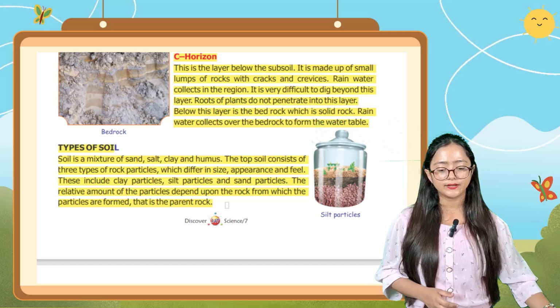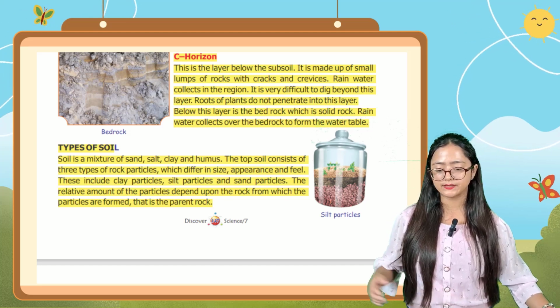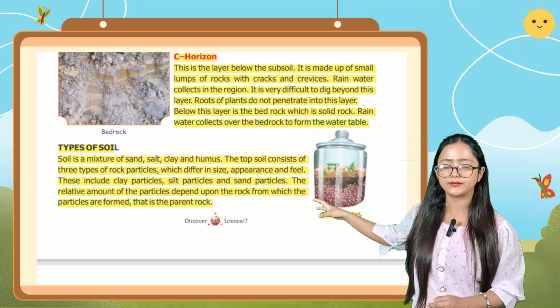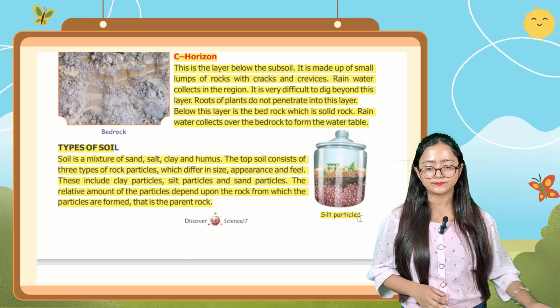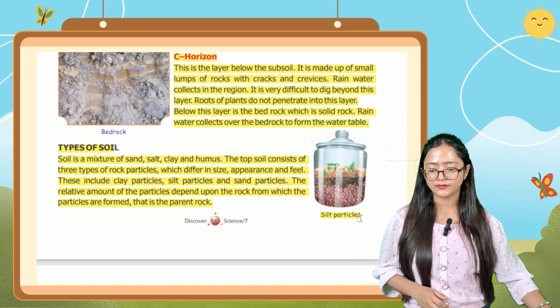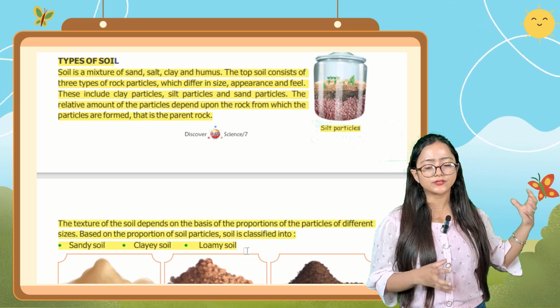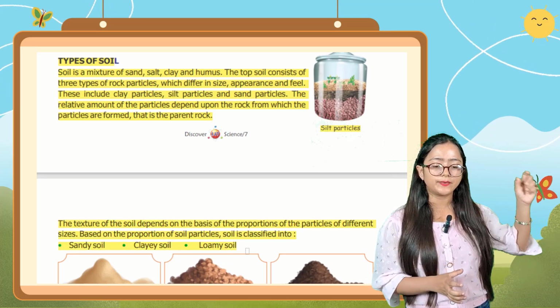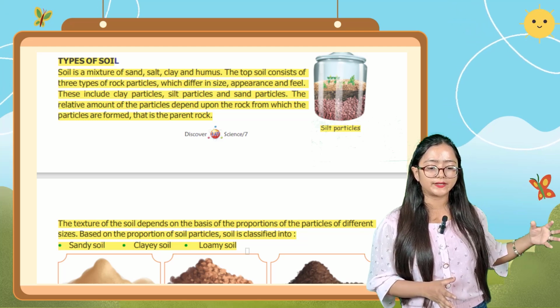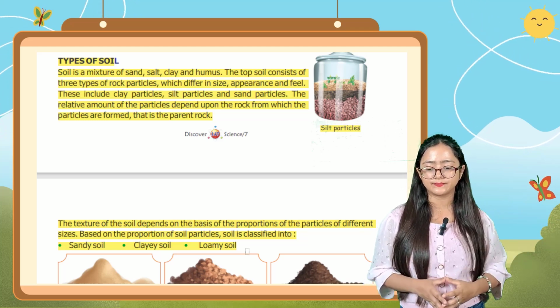Here you can see how the silt particles settle in this jar. The texture of the soil depends on the proportion of the particles of different sizes.